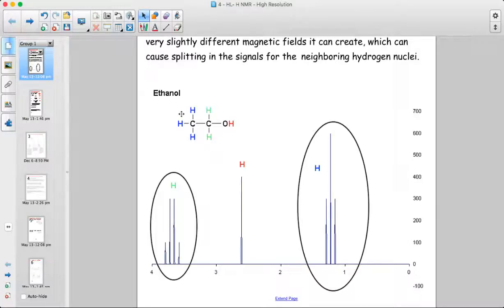By splitting patterns I mean that in one case you have just one single peak, this red H, but for this one you end up with not one but four peaks. And for this hydrogen environment, instead of just one peak, we're getting three peaks. Now we're going to talk a little closer about why those peaks are what they are, and why they get that splitting pattern.